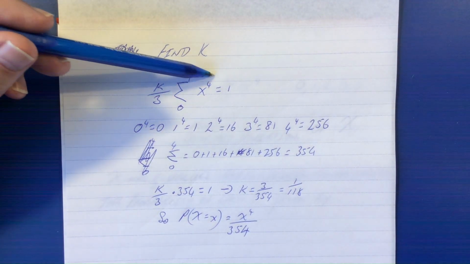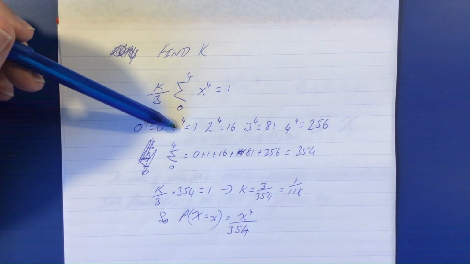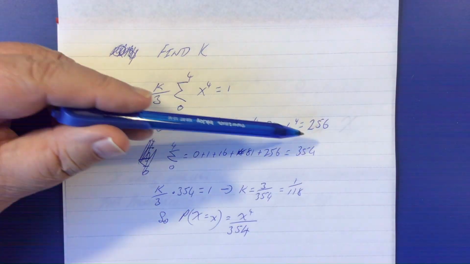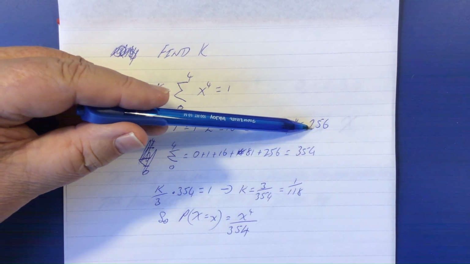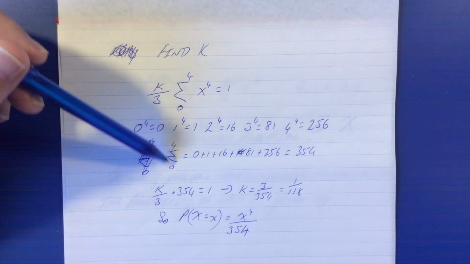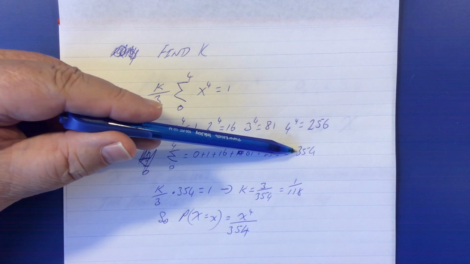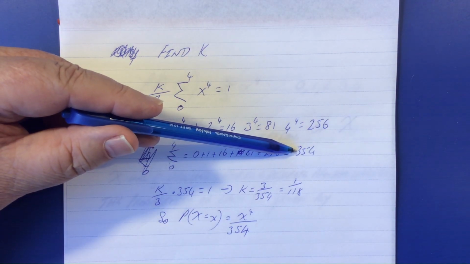So, if we concentrate here, 0 to the power of 4 is 0, 1 to the power of 4 is 1, and so forth and so on, and we get to 256. Now our instruction is to total these values. Now, when we do that, we get 354.